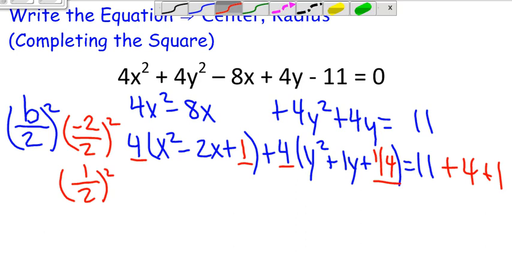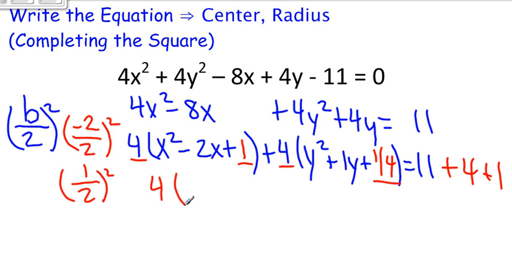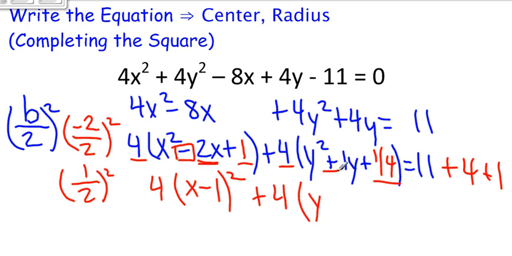All right, now we're just going to simplify here. So now I'm going to have 4, and remember when we factor the inside, it's going to be x, and then we take the sign of the middle, which is negative, and then we divide our b term, which is that 2, by 2, and that is what gives us our factored part, plus 4 times y, it's a plus here, so we're going to put plus, and then we're going to divide our 1 by 2, and we get 1/2.